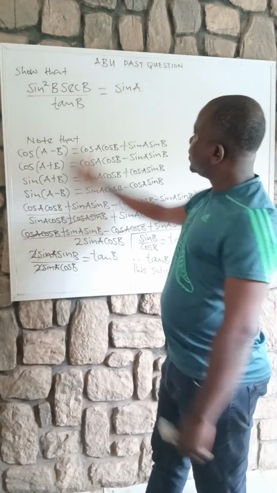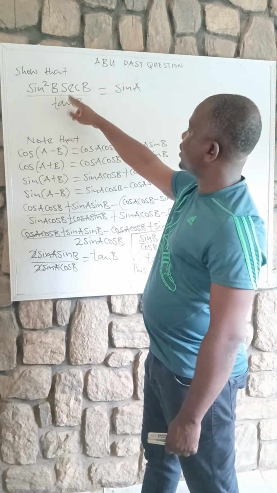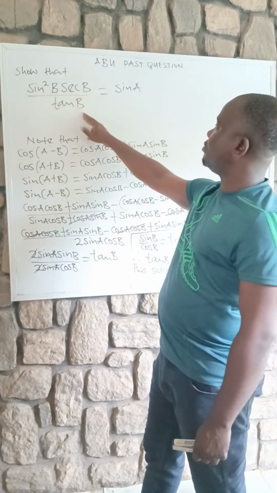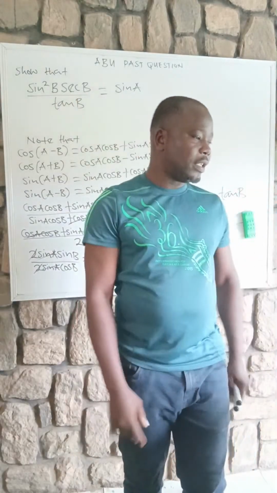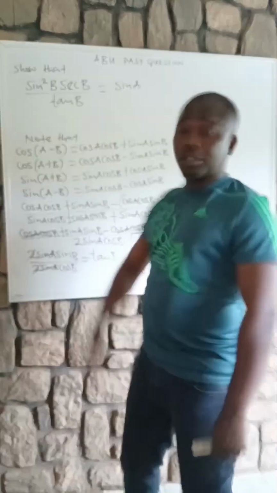Look at it: sine square B sec B all over tan B, show that it equals this. So, how are you going to solve this problem?